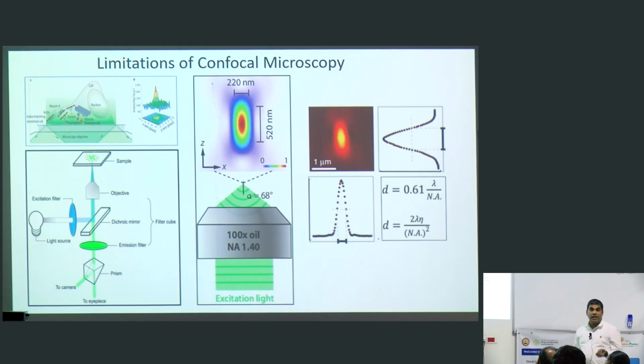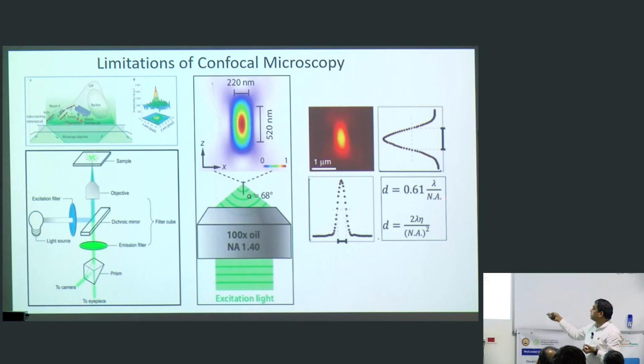This basically tells us that even if you have a 1 nanometer object, let's say a dye molecule, a cyanine dye, or even a molecular cluster like the gold 25 nanocluster, which is 1.2 to 1.3 nanometer in size, what will you end up with when you shine the light? If you do the imaging, the resolution is 0.61 lambda by NA.